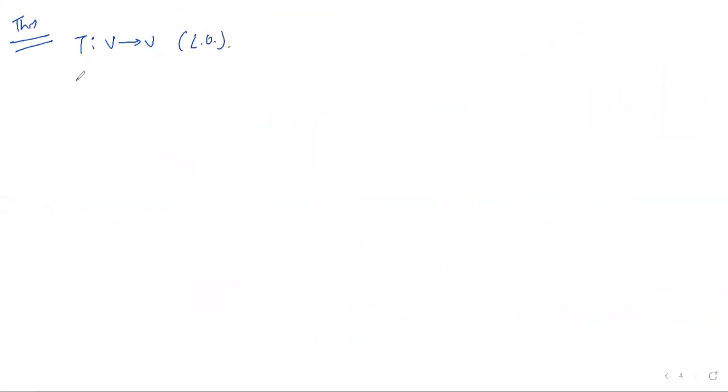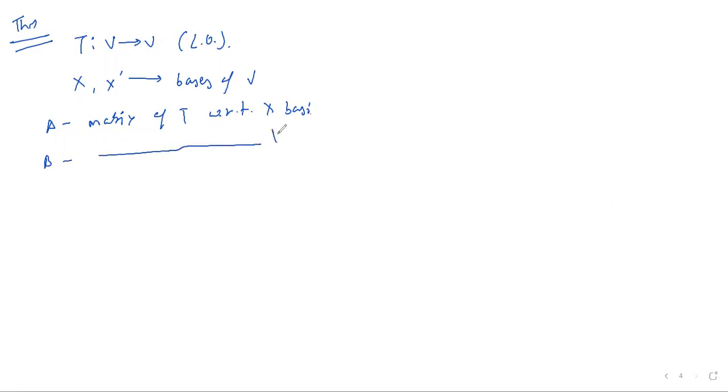Okay, that means the corresponding bases are x and x dash, which are bases of this vector space V. And there is a matrix A which is the matrix of T with respect to the x basis. And there is a matrix B which is the matrix of T with respect to the x dash basis.